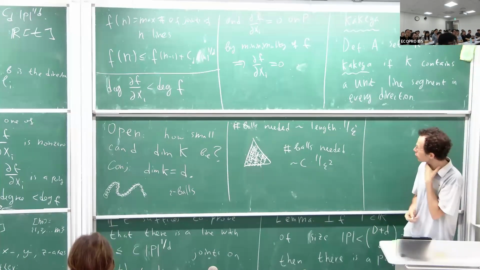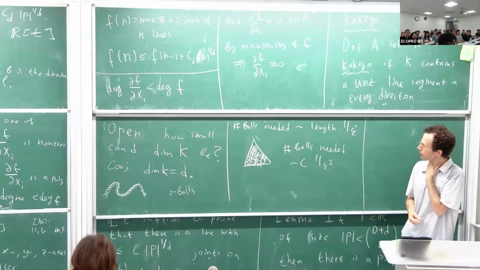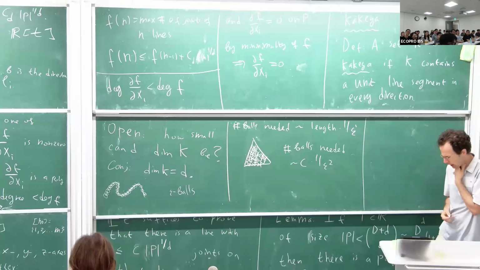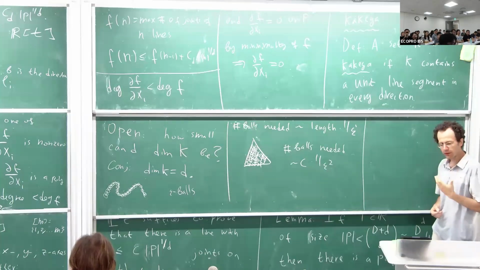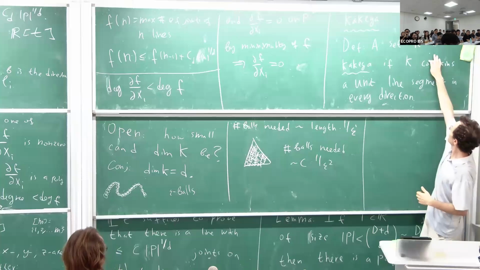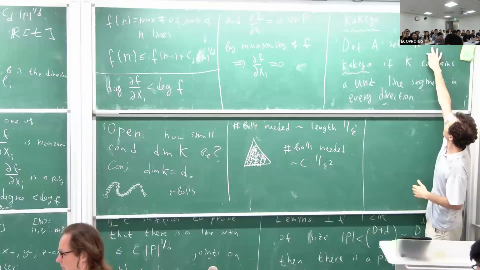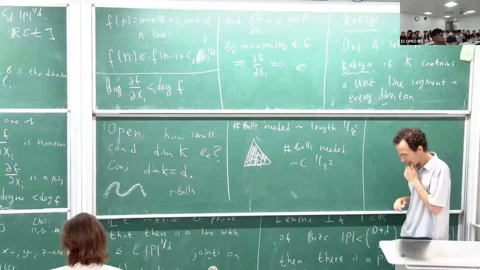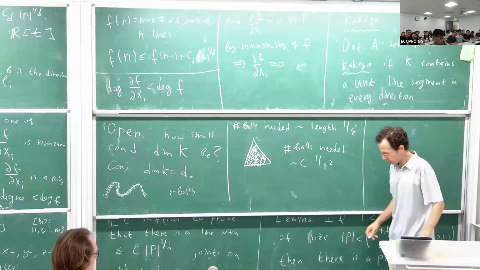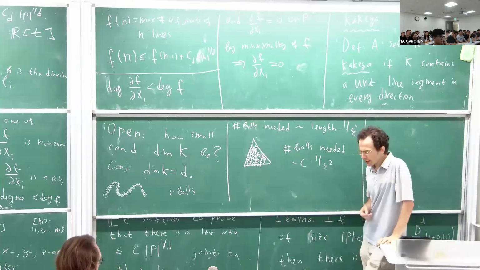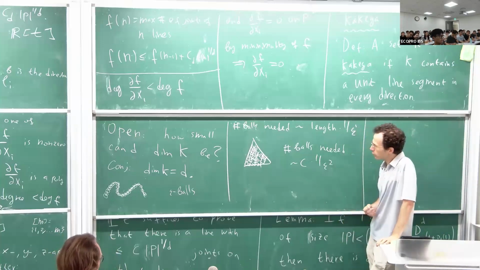Instead, we're going to look at the more combinatorial version of this problem. The analogous problem over finite fields, where we replace the real numbers, the field R, by a finite field. And the reason we are doing it, other than just making more problems for ourselves, is two reasons.